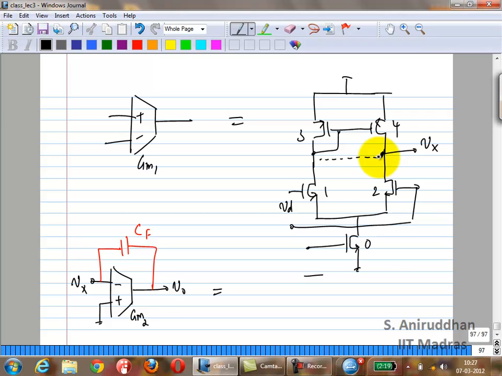In fact, barring all mismatch, it is probably going to be biased there, right? So which one would you use? You have to use the PMOS, right? Look at where the DC voltage is. It is actually 1 VGS below VDD, right? So it makes sense to use the PMOS there.